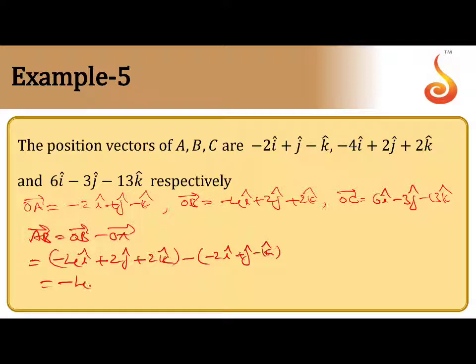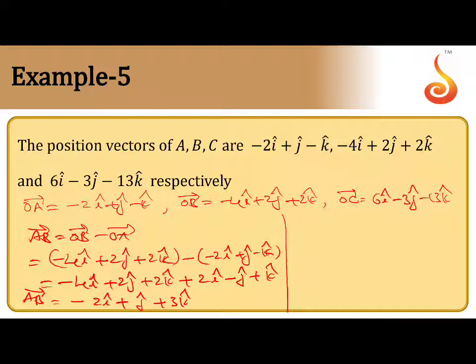So this is -4i + 2j + 2k + 2i - j + k. Finally we got the AB vector as -4i + 2i, that gives -2i, plus 2j - j, that means plus j, plus 3k. This is the AB vector.